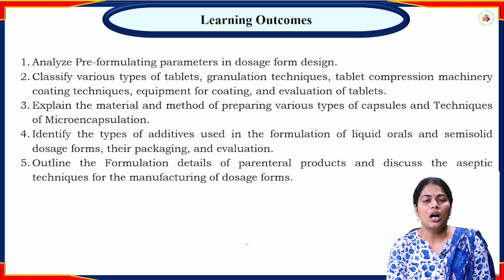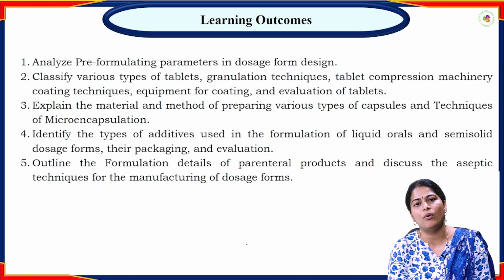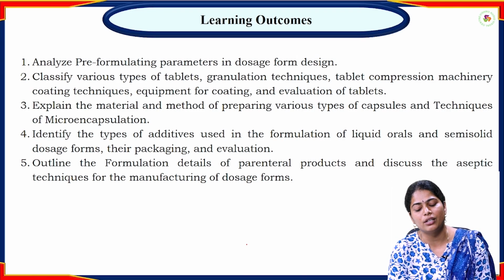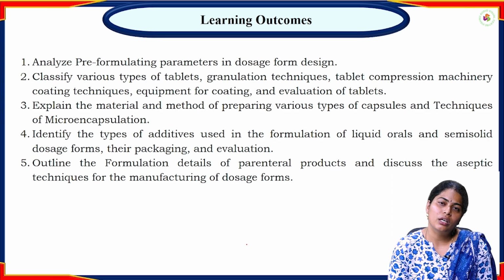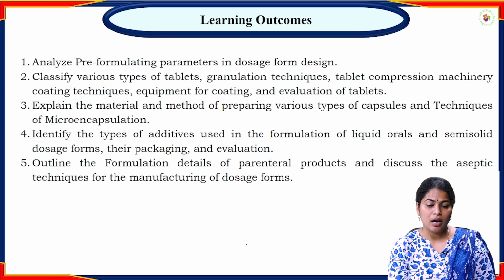In unit 5, outline the formulation details of the parenteral products and discuss the aseptic techniques for the manufacturing of a parenteral dosage form. All these are the learning outcomes in industrial pharmacy.